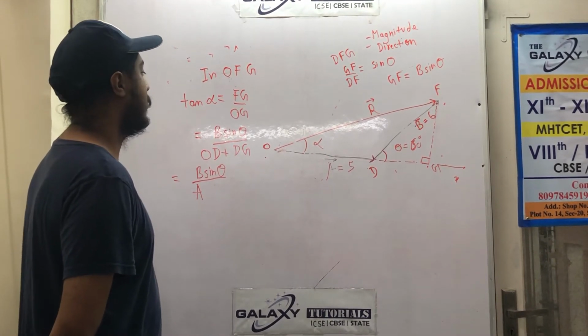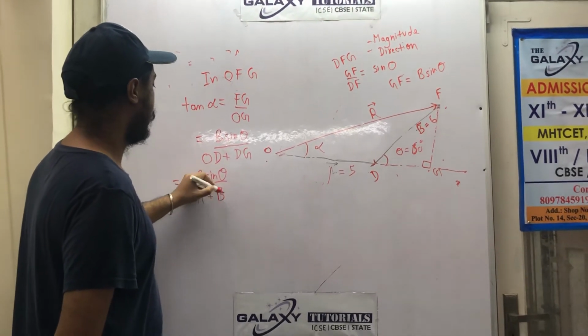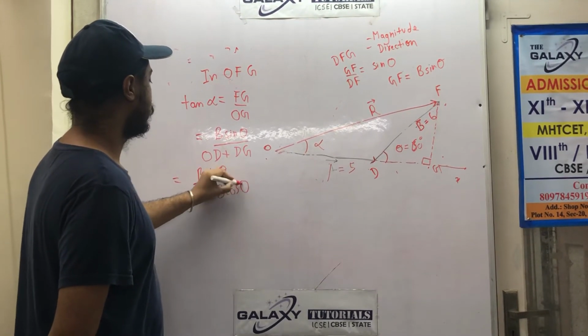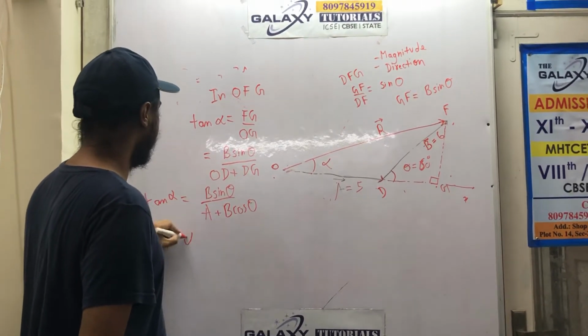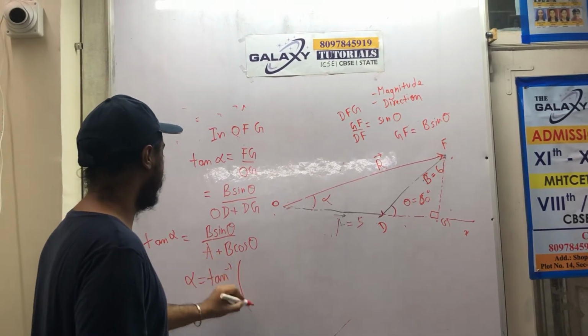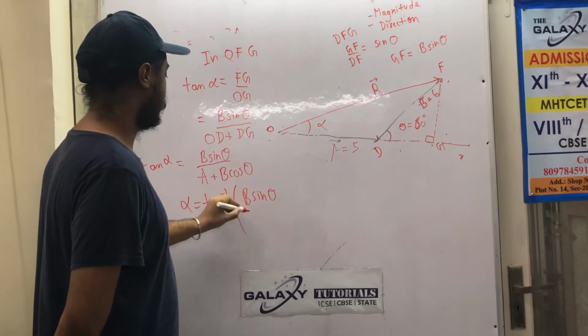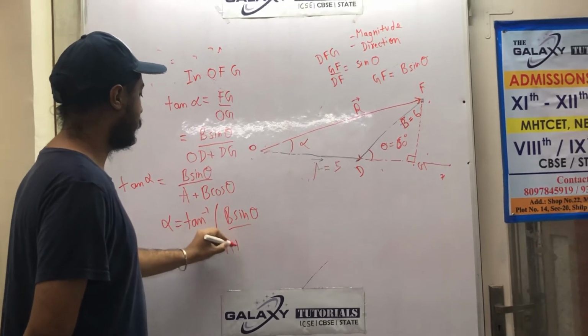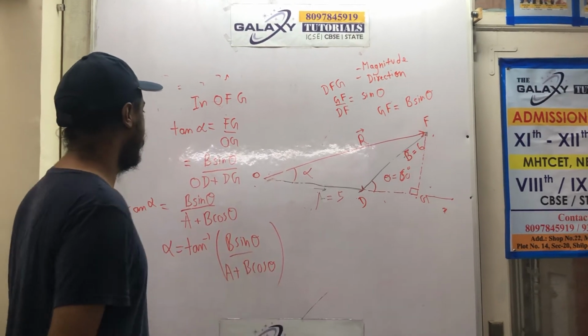We found out the value of DG earlier, you remember? That was B cos theta. So that is equal to tan alpha. What will be alpha then? Alpha will be tan inverse of B sin theta upon A plus B cos theta. So this is the value of alpha.